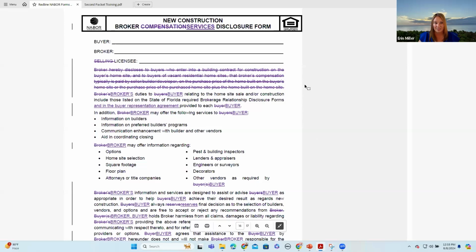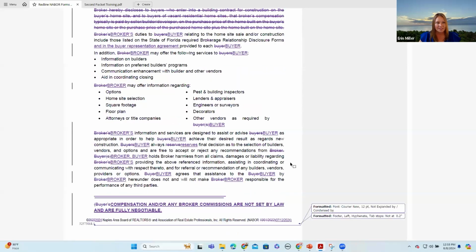Again, this is a form that has existed in the library for a while. We just removed some of the language in paragraph 1, defined buyer's broker, and added at the very bottom of the page that compensation and any broker commissions are not set by law and are fully negotiable.